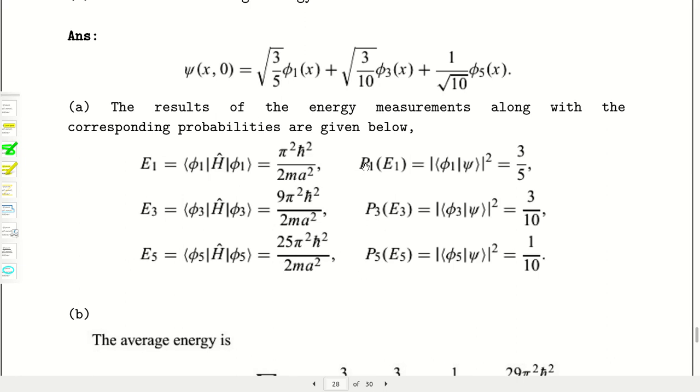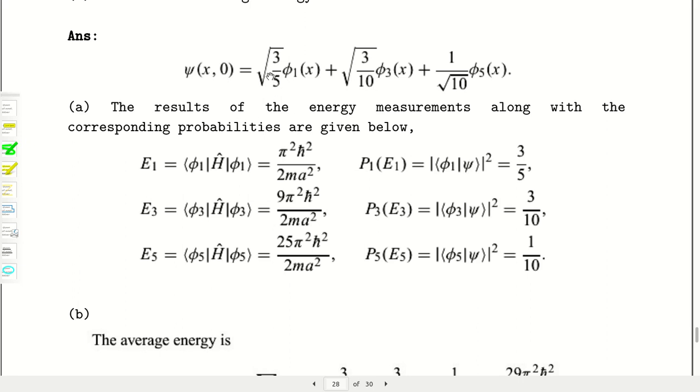Now the probability, how is the probability found? See, it is written in the bracket notation, and P1 is mod C1 square, because the wave function is normalized. How do we know the wave function is normalized?